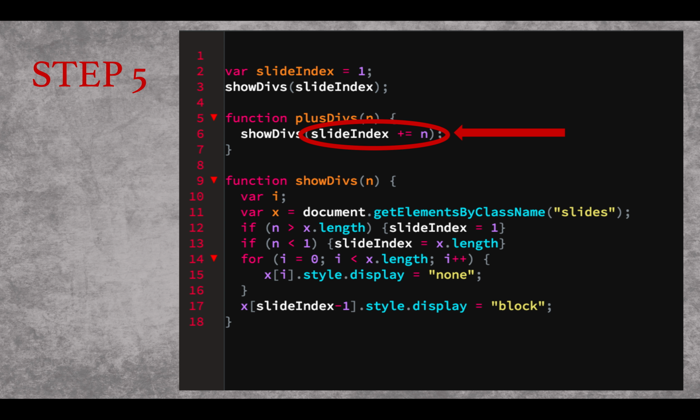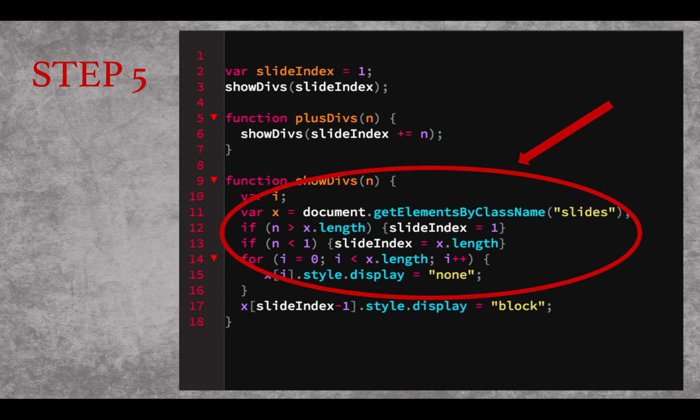And so then this part here, obviously you have your var x equals document.getElementsByClassName, and then the class name. And so make sure that that matches up with your HTML. I named my class name slides, so that's what I'm putting in there.